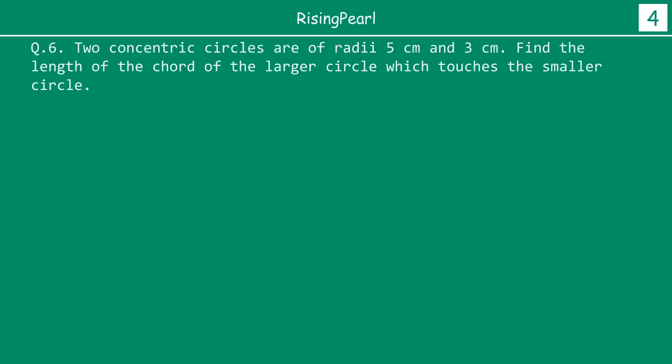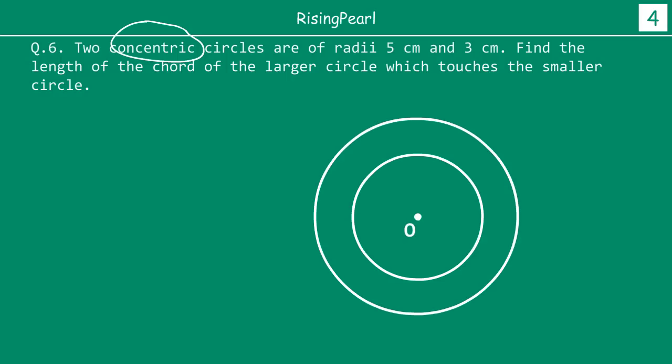So first thing is that we have to draw 2 concentric circles. What do we mean by concentric circles? Concentric circles are something like this. Here we have the same center O for the smaller circle. So this is our smaller circle.